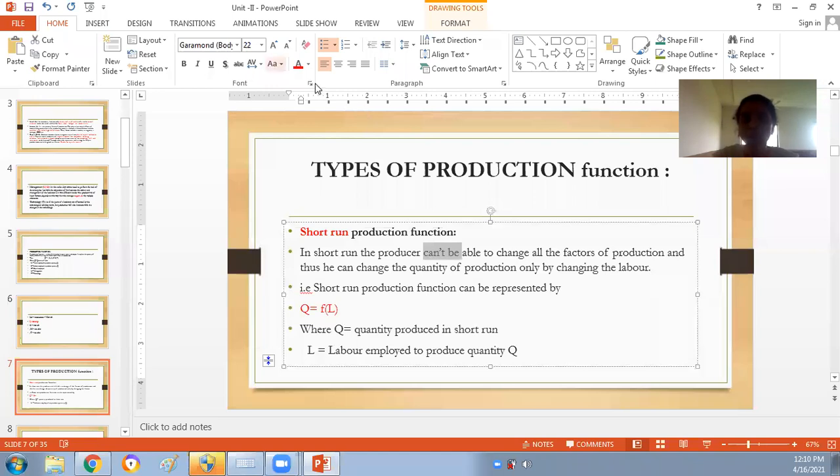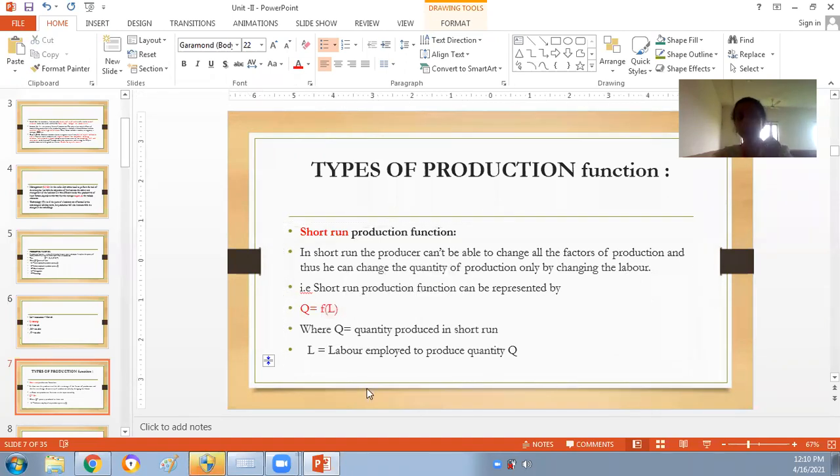Because of that, it is possible for him to change only one factor, that is labor. Because of that, yes, we have a short run production function with only one variable. And what is that single variable? Means it is labor. It is a functional relationship between quantity with respect to labor. That is short run production function.